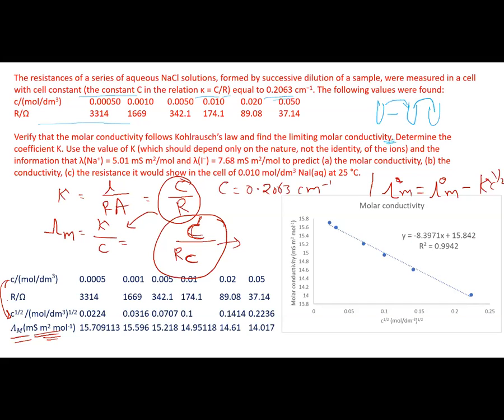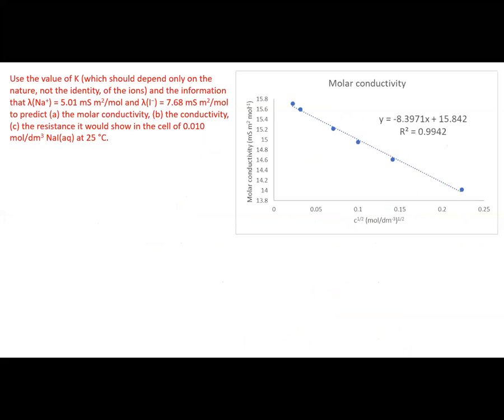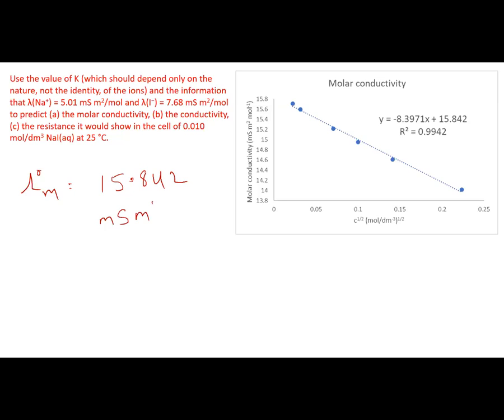So once I got this molar conductivity and C power half, I plotted them, and then as usual calculated the slope. The limiting molar conductivity is given by the intercept, right? Which is 15.842. Again, make sure that you know what units you have to write.